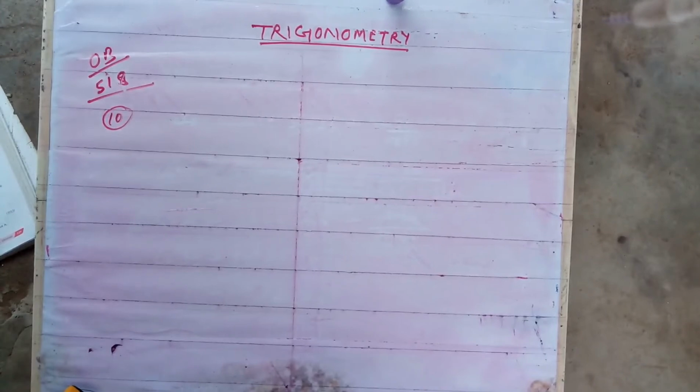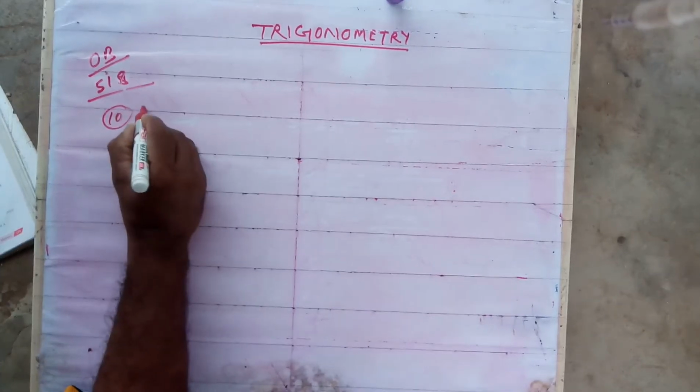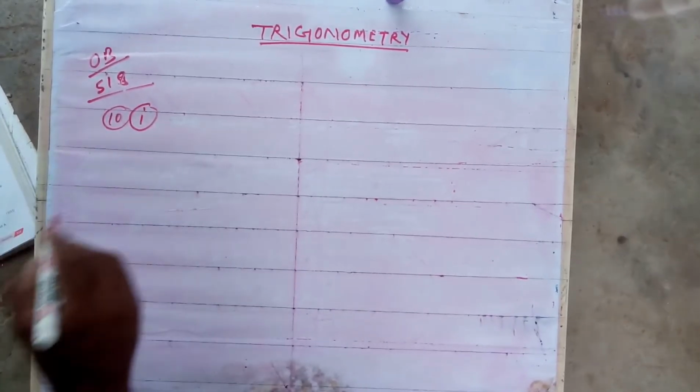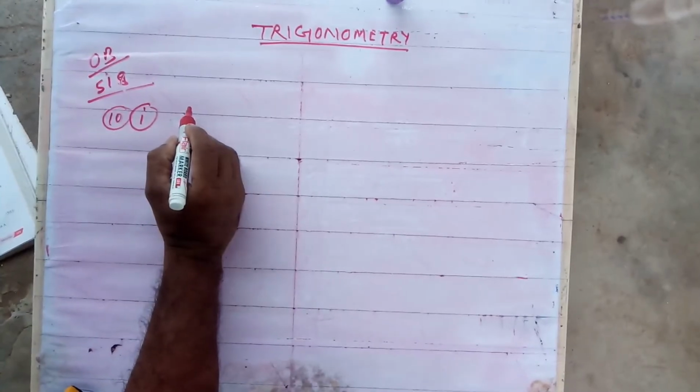Page 518, question number 10. Bit 1 or bit 2? As I wish. Okay, I'll do bit 1 only, bit 2 you try. So question number 10, bit 1, page 518, old textbook of ML Agarwal.